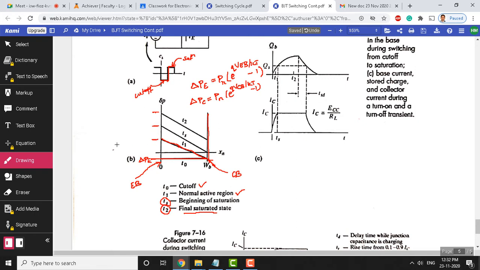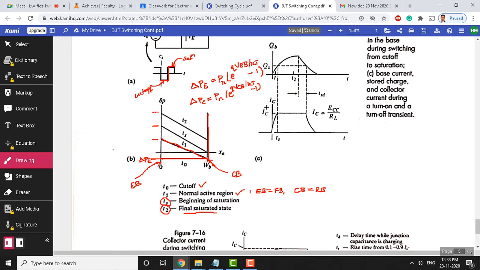Normal active means the emitter base junction is forward biased and the collector base junction is reverse biased. You can observe further at T1, since the collector base junction is reverse biased, you have a negative value of P n. All this can be approximated using these two equations.